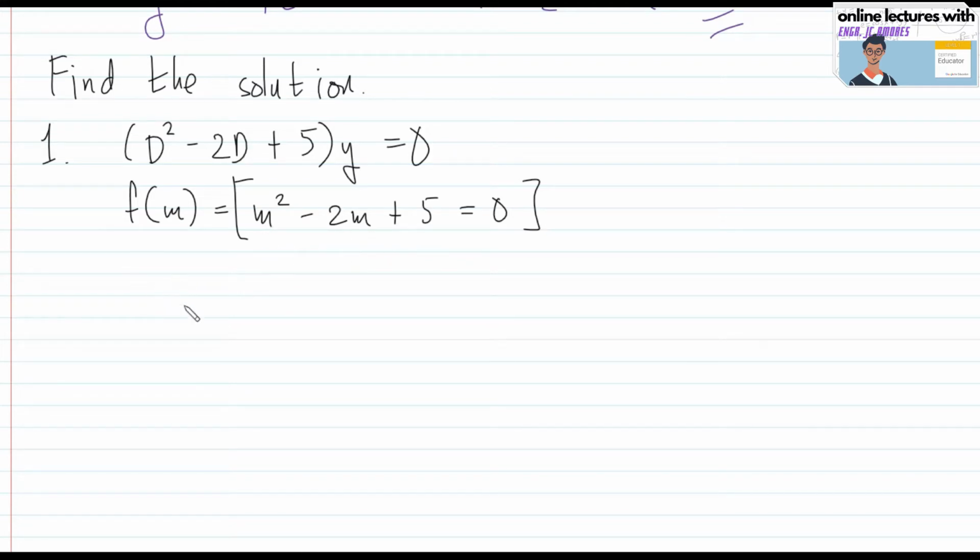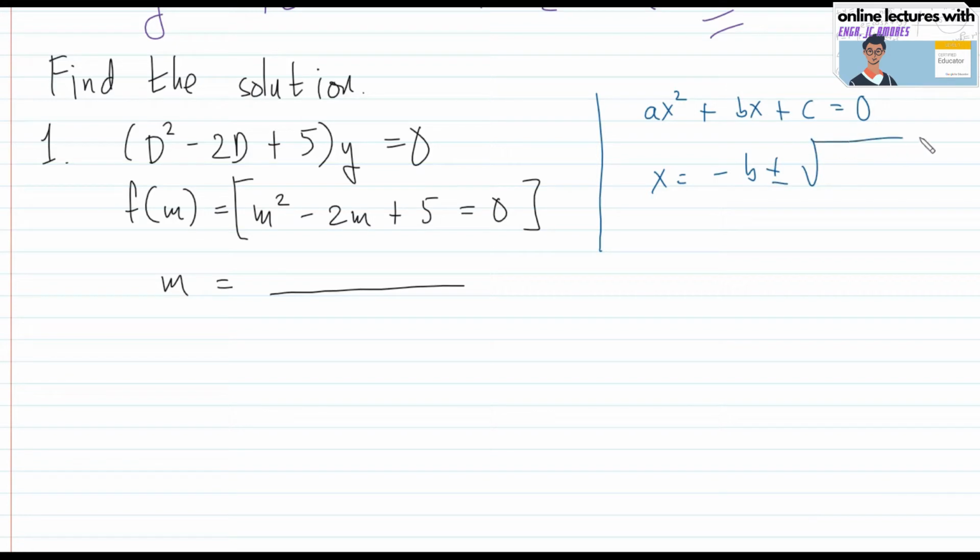So we will apply the quadratic formula, which is, let me write that here: if you have ax squared plus bx plus c is equal to 0, then x is equal to negative b plus and minus the square root of b squared minus 4ac, all over 2a. So here, this one is our a, this one is our b, and this is c.